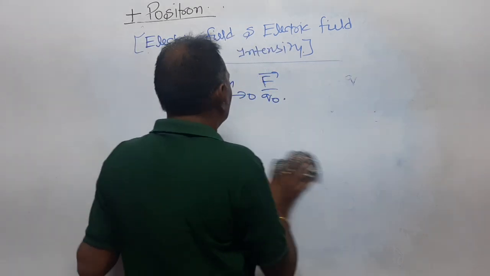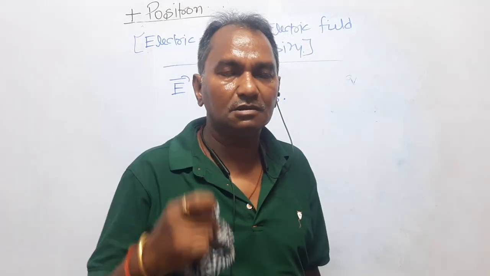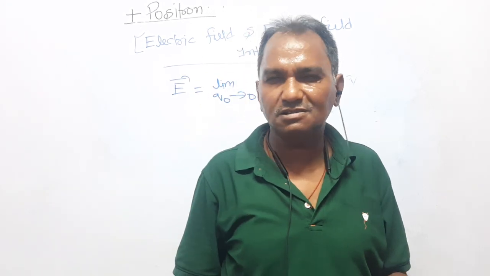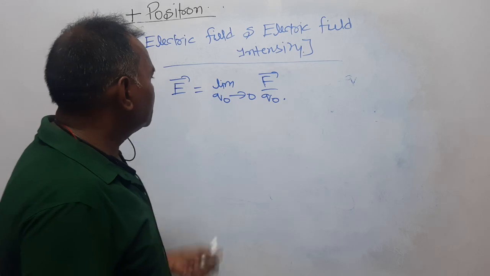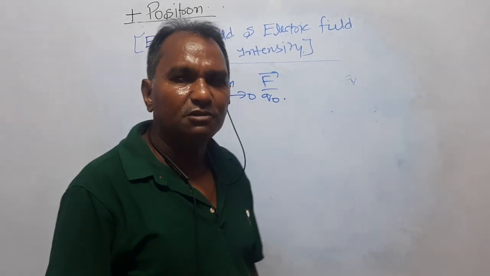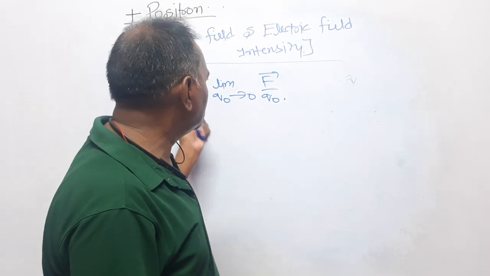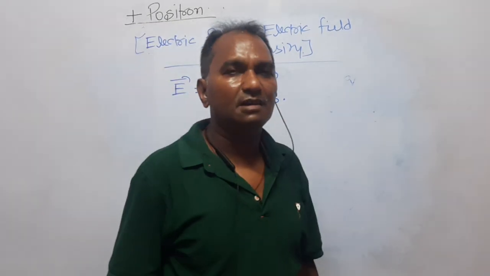Dear students, it is very important in physics that you know the nature of a particular physical quantity, then it will make things very easy and the concept very clear. Simply, it is the force experienced by unit positive test charge that is said to be the electric field intensity, and the unit of electric field intensity is Newton per Coulomb.